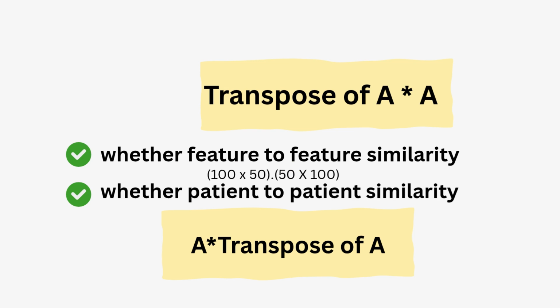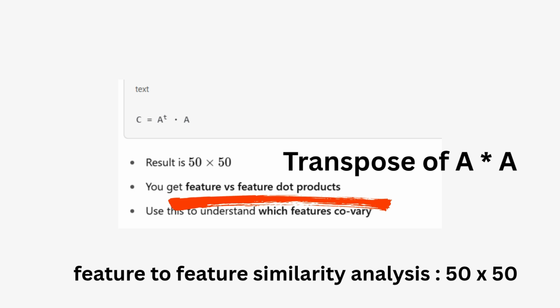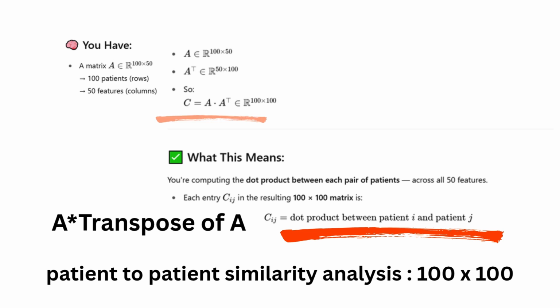When you compare similarity between features, it's A transpose multiplied with A. When you find the similarity between the data points, which are the rows, you get A into A transpose. So these are dot products.